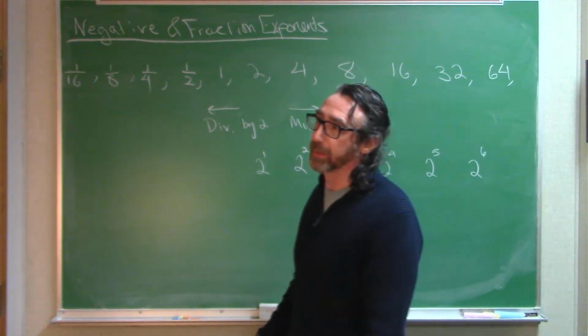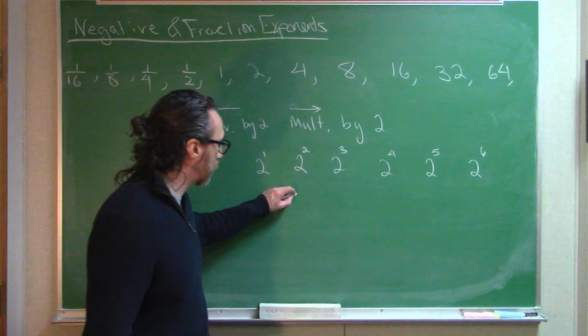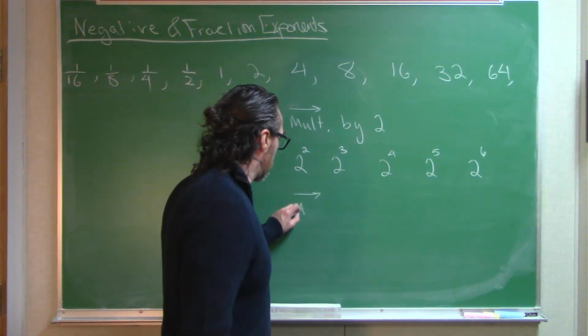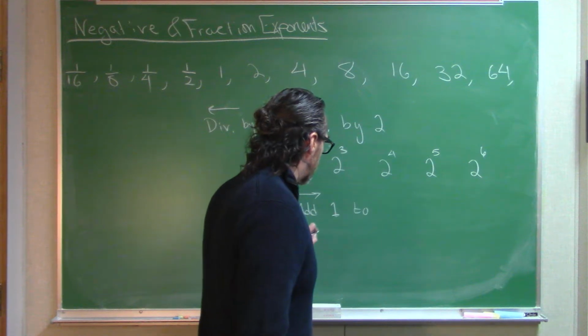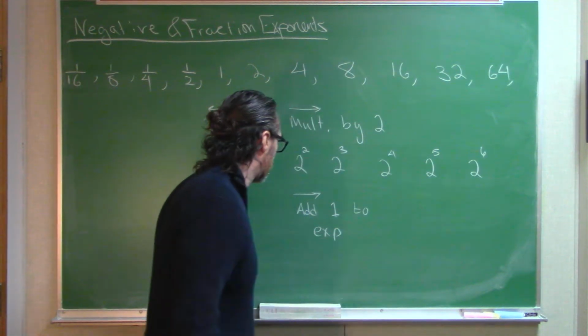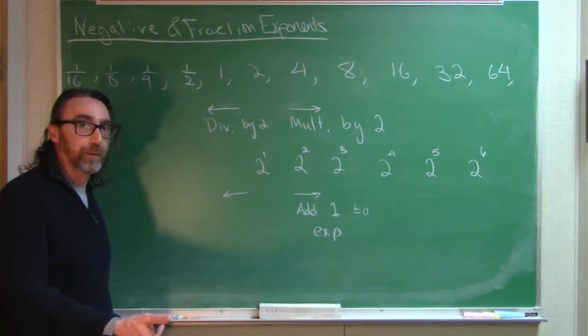And we can see a new pattern. You want to go to the right, you add 1 to the exponent. You want to go to the left, we should do the opposite.